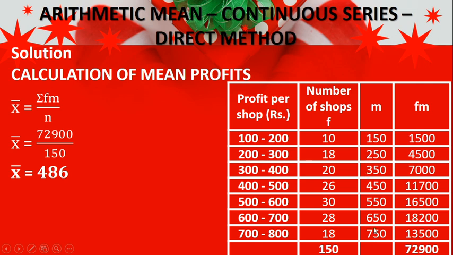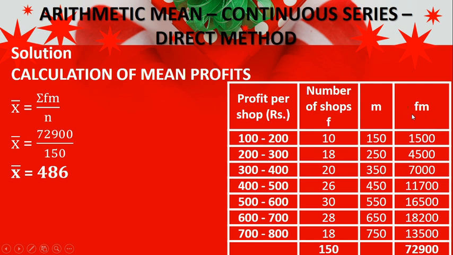So, M is found. Our formula says it is the total of F into M. F is given, M we found out. So, F into M: 10 into 150, 1500, 18 into 250, 4500, 20 into 350, 7000 and so on.